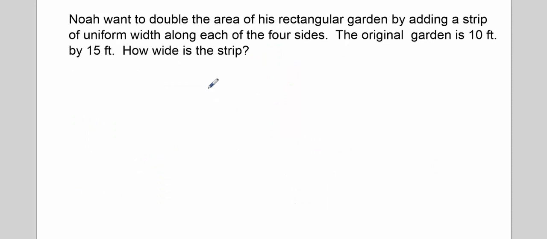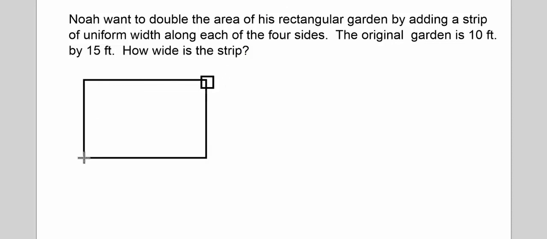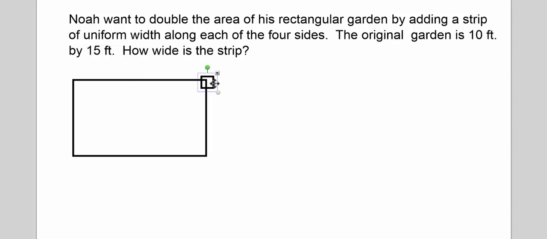Again, another geometry problem. We have a rectangular garden. So again, let's draw a rectangle, like so. And we're going to want to take and double the area by adding a strip around this.